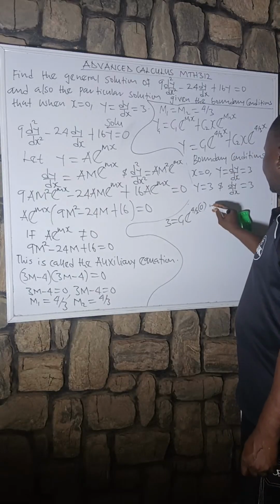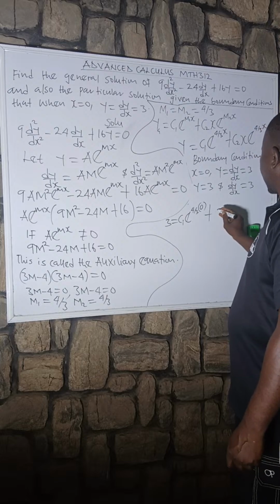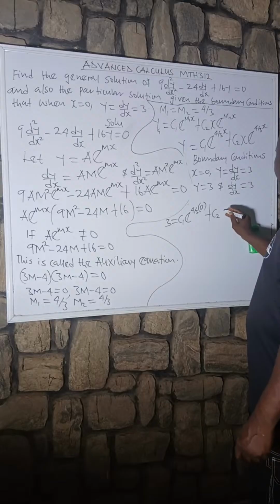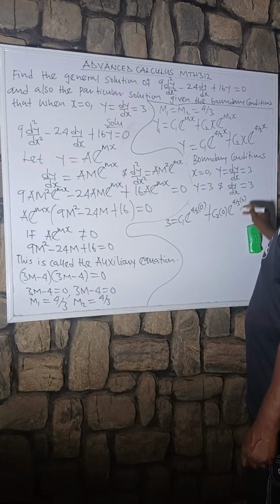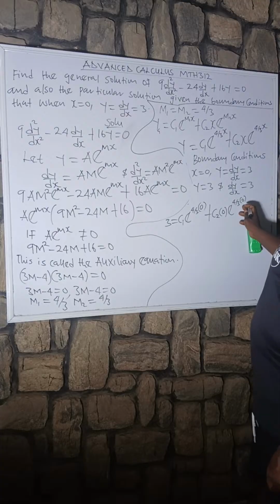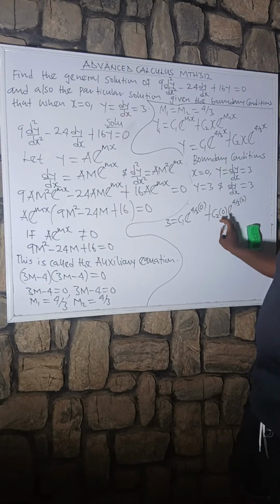Plus C2, then x is 0, right? Times 0, exponential 4 over 3 times 0. Can you see now? You don't need a prophet to tell you, all of this will be 0, true or false, because of this 0.